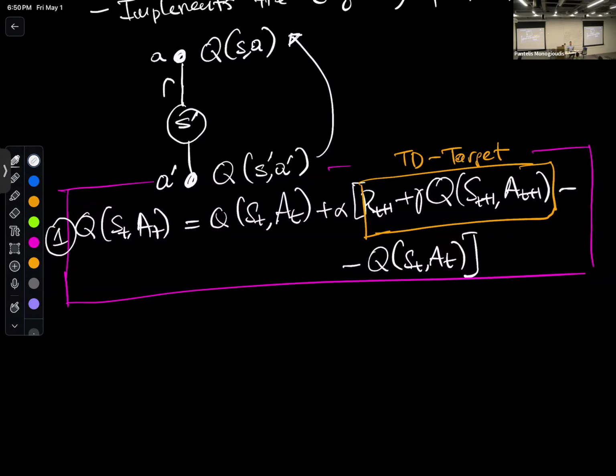So epsilon is another parameter that will allow us to flip a coin. The coin is biased with probability epsilon, and if it comes up heads, then I follow my greedy approach. But if it comes up tails, out of all my possible actions, I take a random action.